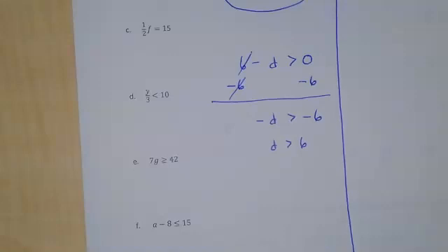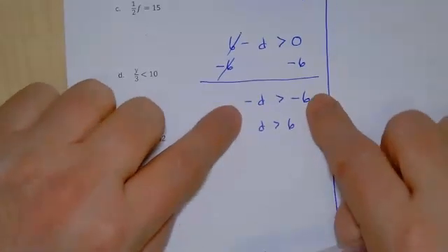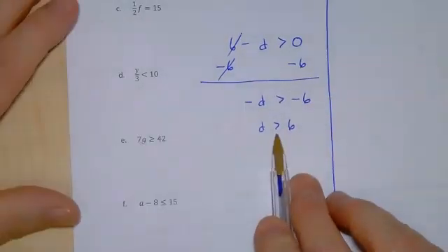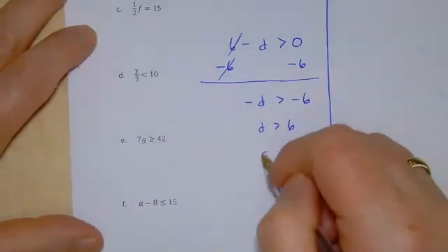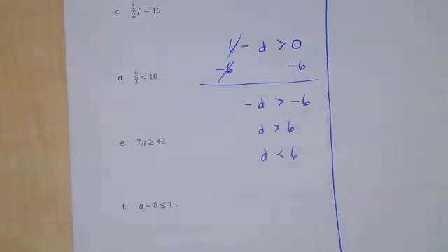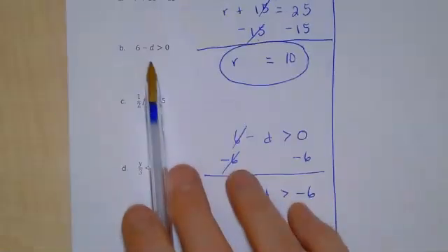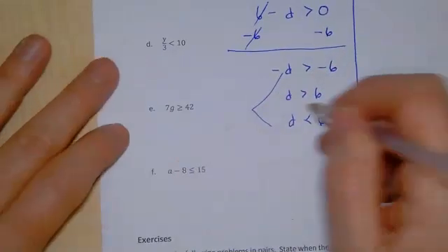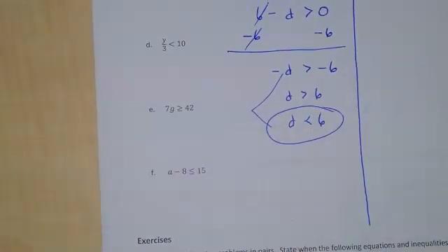And for reasons that I'm not going to be able to explain today because it's a lesson several times later, whenever you switch those negative signs, it causes this to switch to go the other direction. So this is really going to be, d has to be less than 6. No, that's not right. If it was 5, yeah, it is. So this switch from here to here isn't going to make any sense right now, but we'll come back to that another time.